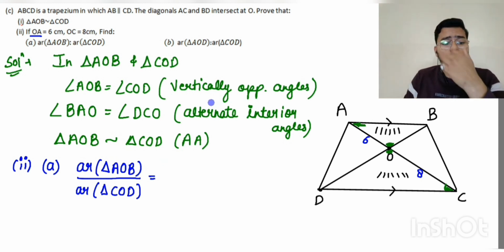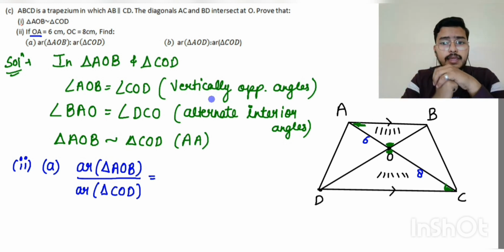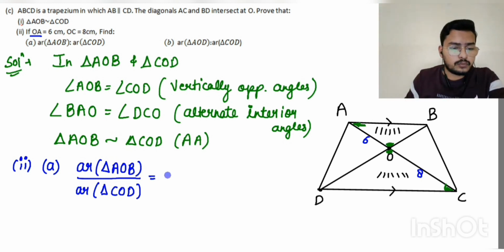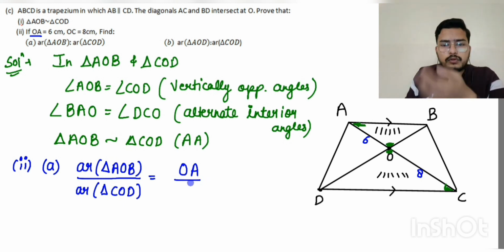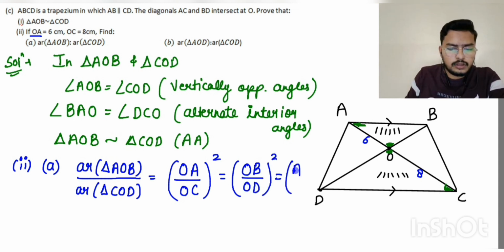How can we find it? Look, whenever two triangles are similar, you already know that their area ratio is equal to the side ratio squared, meaning their corresponding sides. There are many corresponding sides. First of all, let me write OA upon OC whole squared, that is also equal to OB upon OD whole squared, and that is also equal to AB upon CD whole squared.